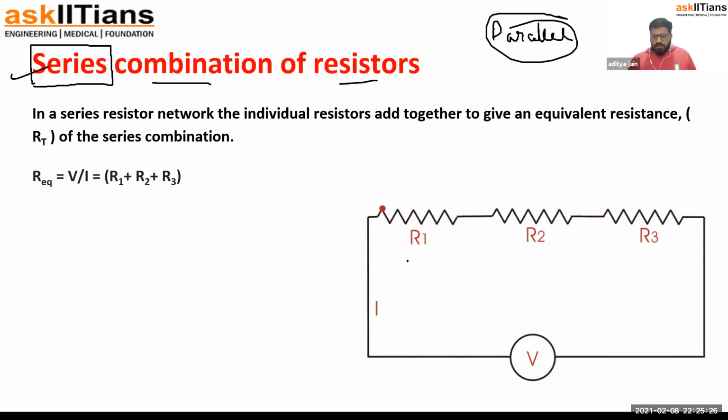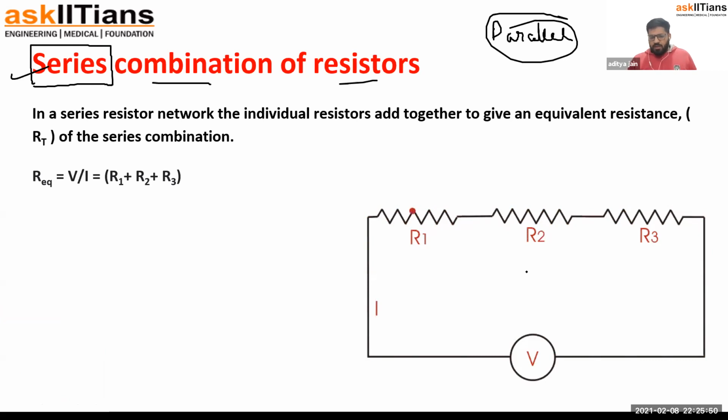So the basic property of series resistance is that, if you carefully observe this diagram, the red dot is showing the direction of current, and this red dot is passing equally to all the resistors.